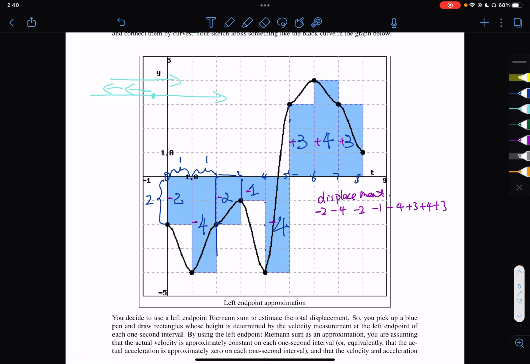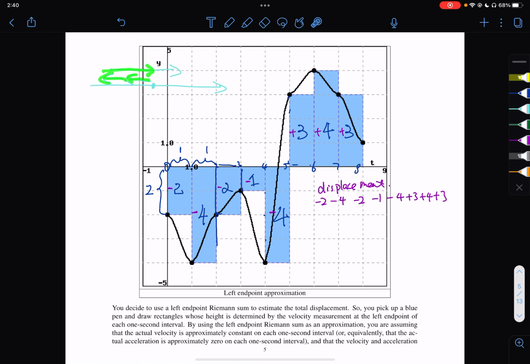However, the distance you traveled from here to here, from here to here, even if you walk back to the origin, your displacement is 0, but you traveled all those pieces. So every single region you consider is supposed to be making positive contribution because direction doesn't matter anymore.